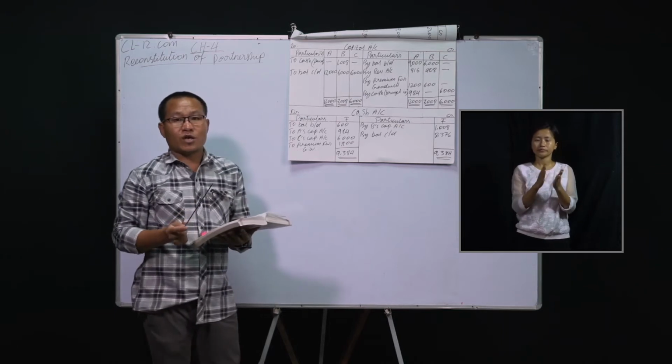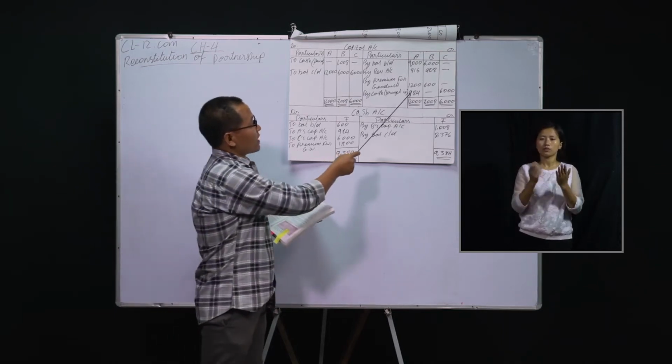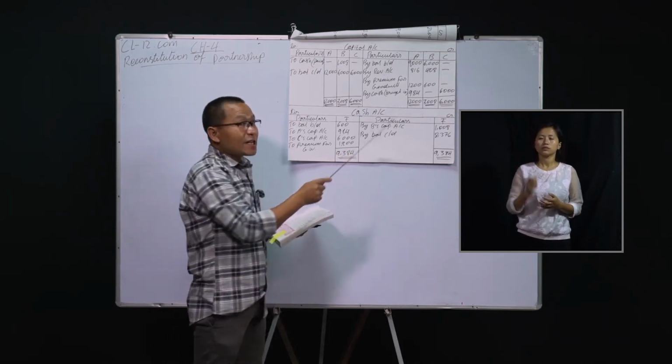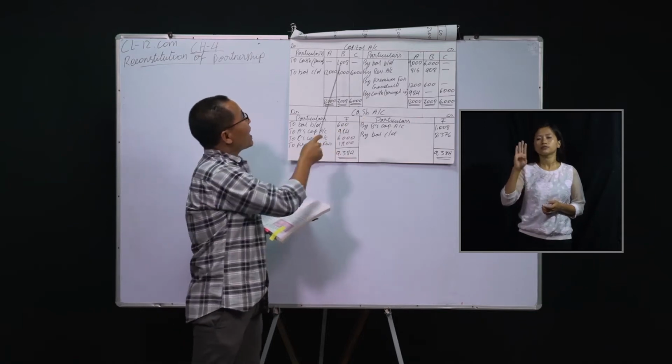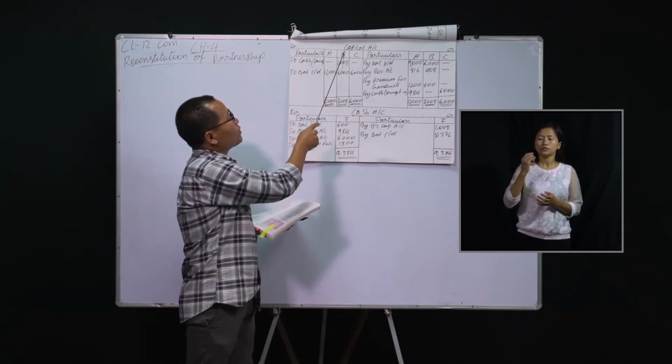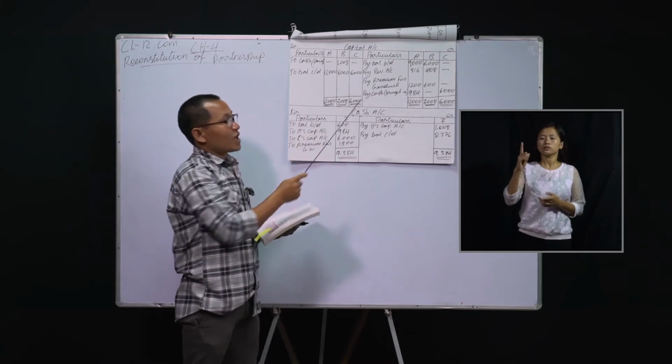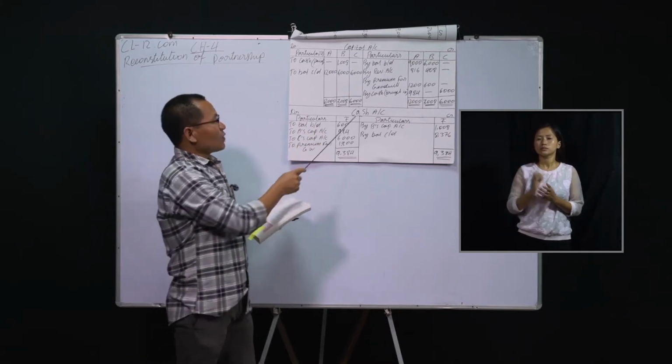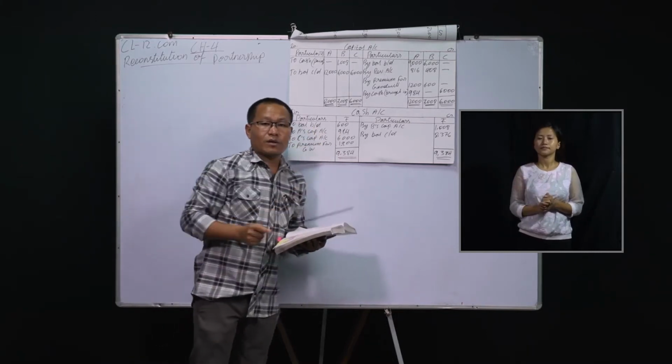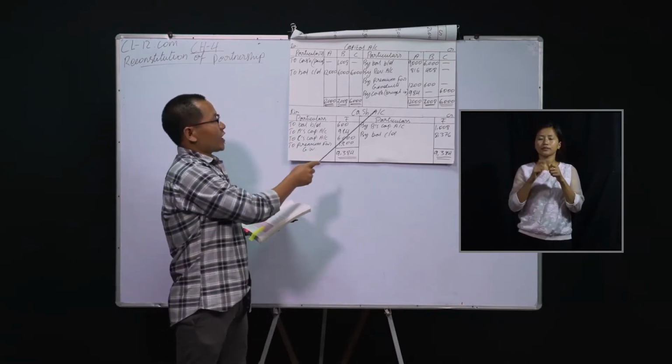I'll explain this in your working notes. That is 984 cash that has been brought in by A and cash paid to B is 1,008 rupees. This I'll explain later. So one working notes before we prepare balance sheet is cash account.